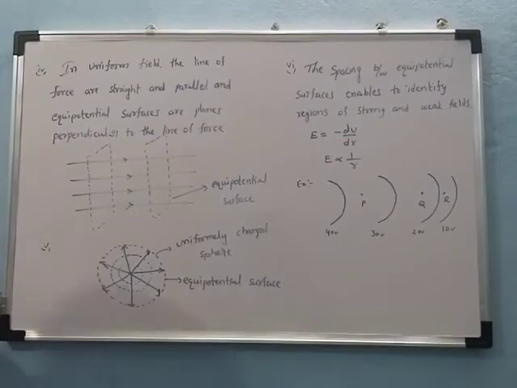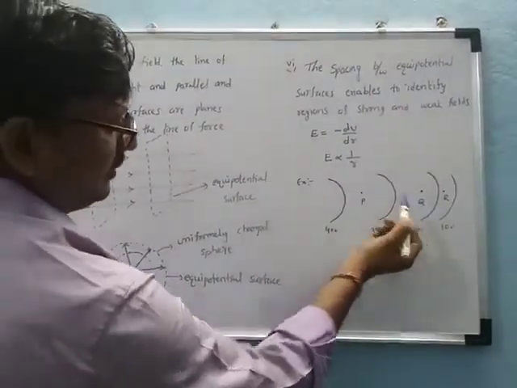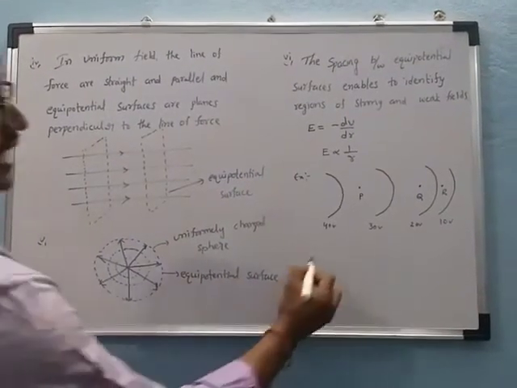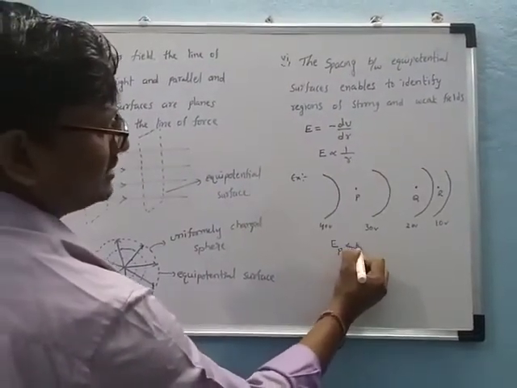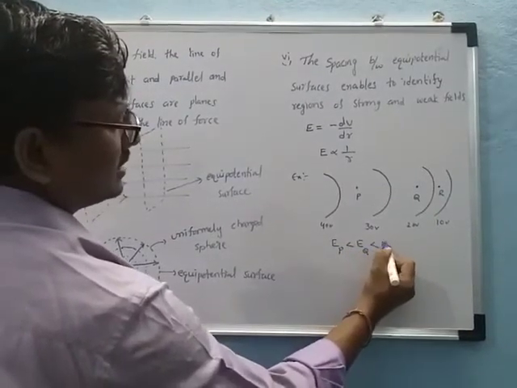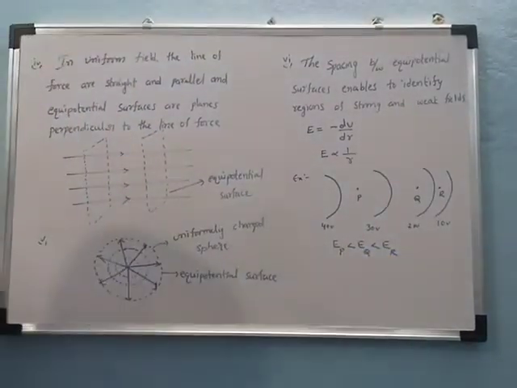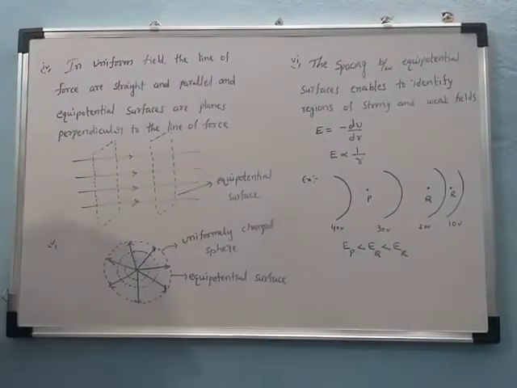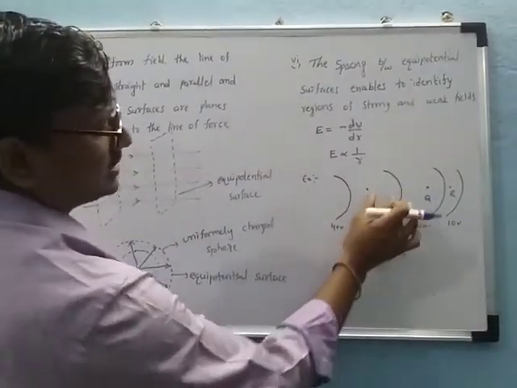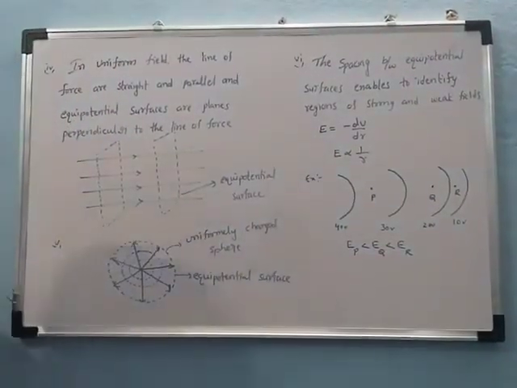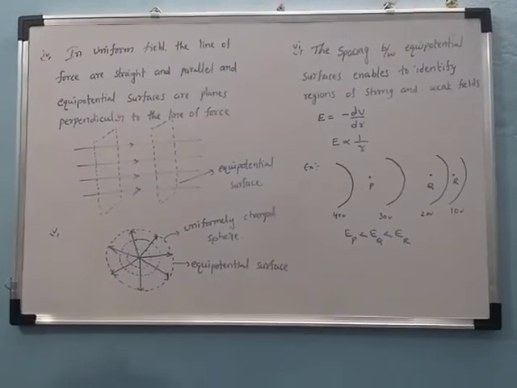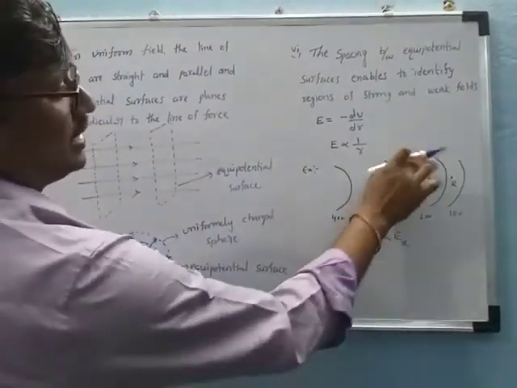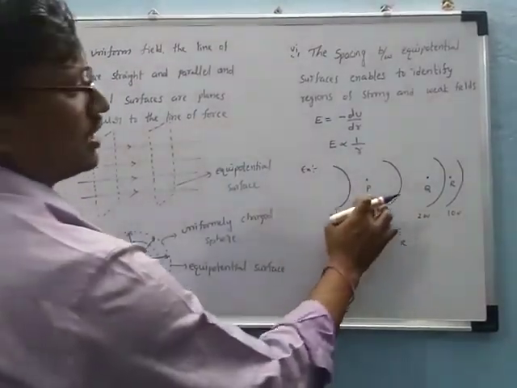So the electric field at P is less than at Q, which is less than at R. The electric field at R is greater compared to Q and P. This is an example of how spacing between equipotential surfaces shows regions from strong to weak.